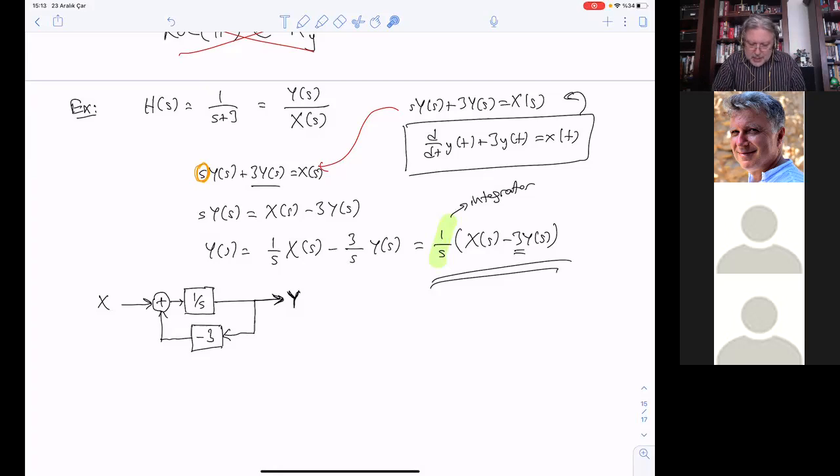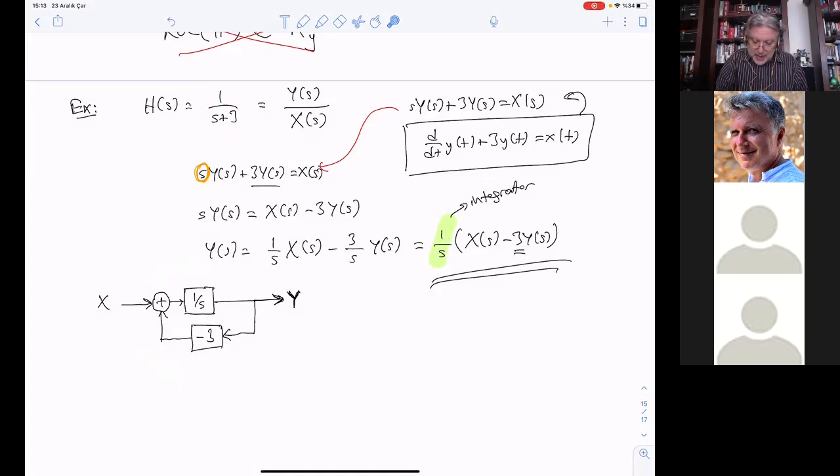And part B of the question is, what is the range of A that makes this a stable system? So A should be in such a way that the new pole should be to the left of the j omega axis.